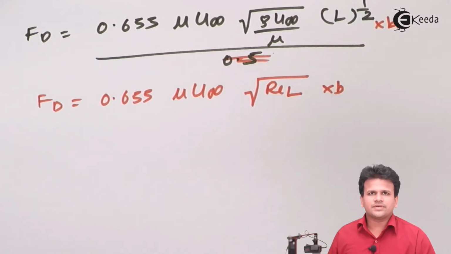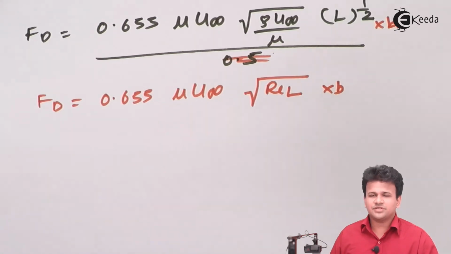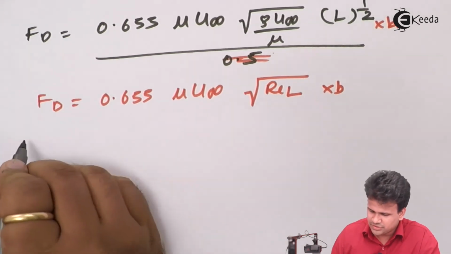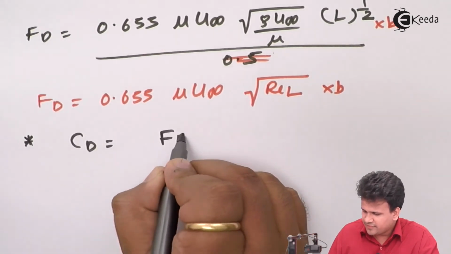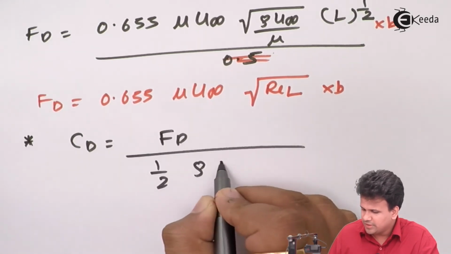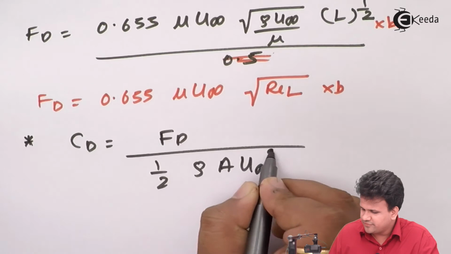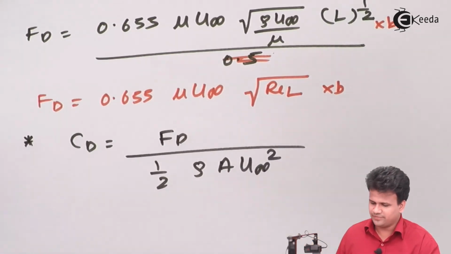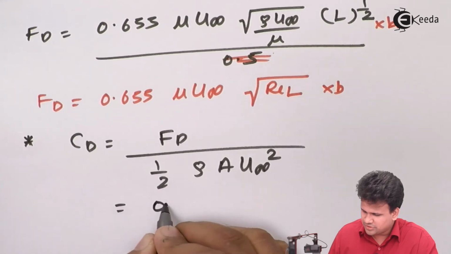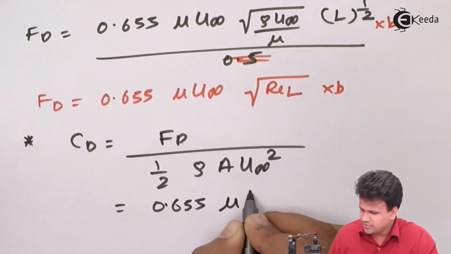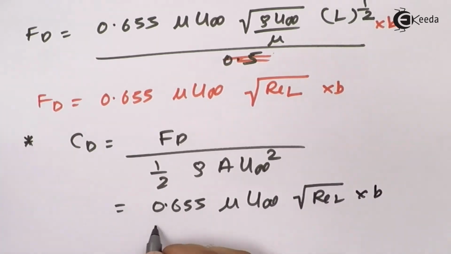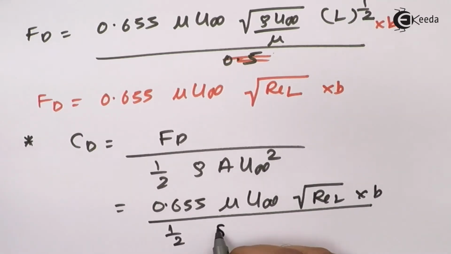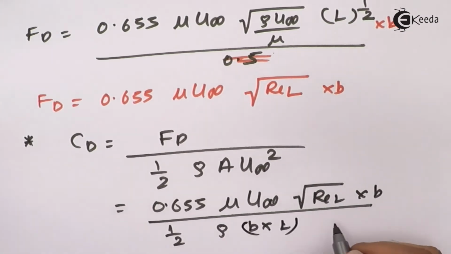Now we have to calculate the coefficient of drag. We know that the coefficient is given by Fd upon half rho A into u infinity squared. So this is equal to 0.655 mu into u infinity into square root of ReL into b upon half rho b into L, that is the area, into u infinity squared.